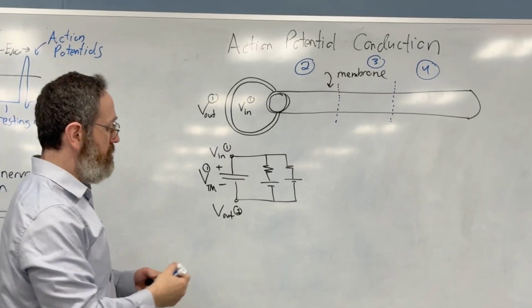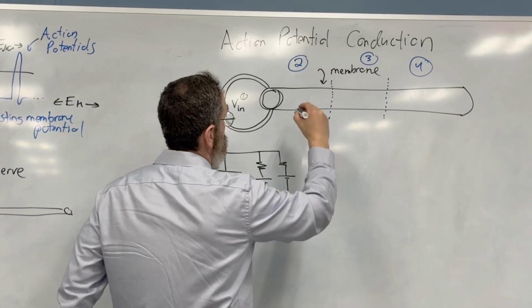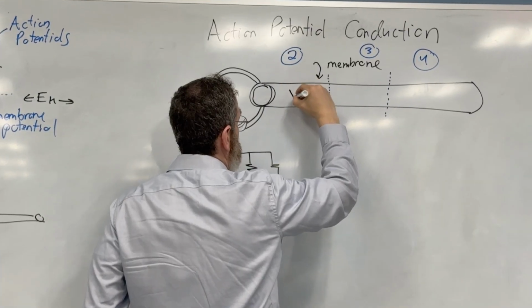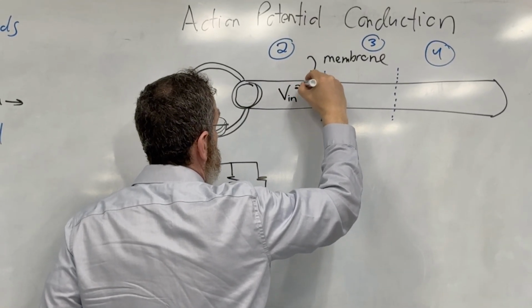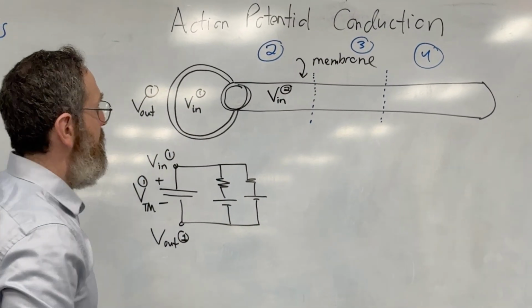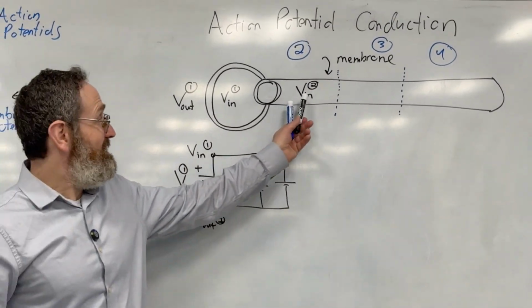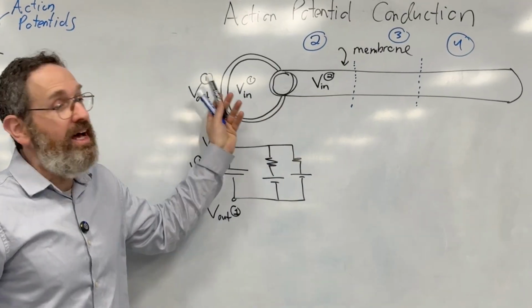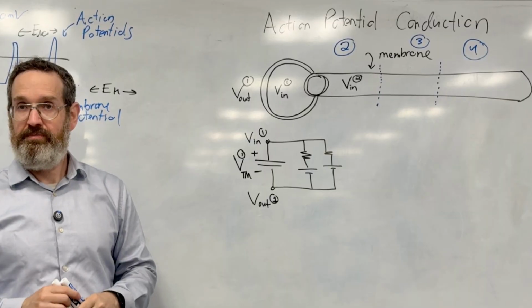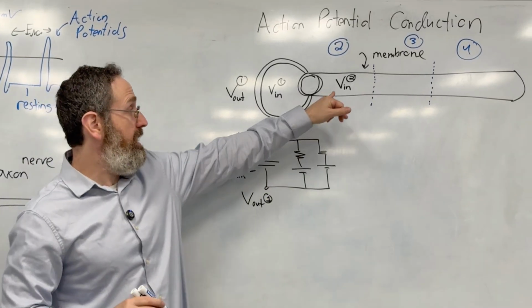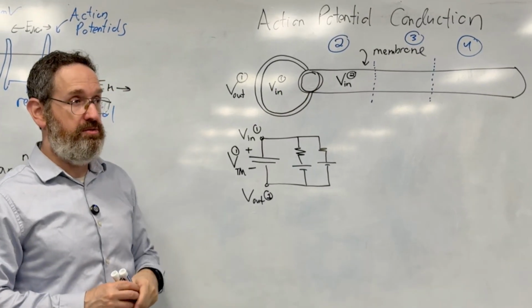Now, segment number 2, if I go inside of it, in this location, I'm going to have a voltage inside, but this voltage inside is not necessarily the same as this voltage inside. It's a different part of the cell. All right? So you have to accept for now that this voltage does not have to be the same as this one.